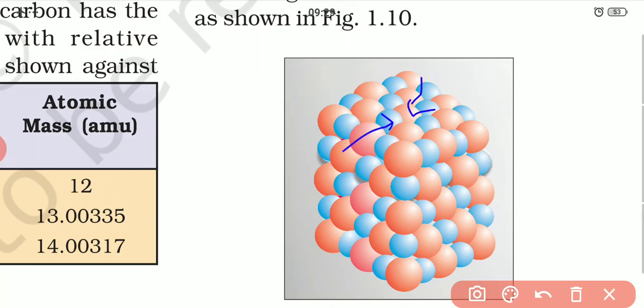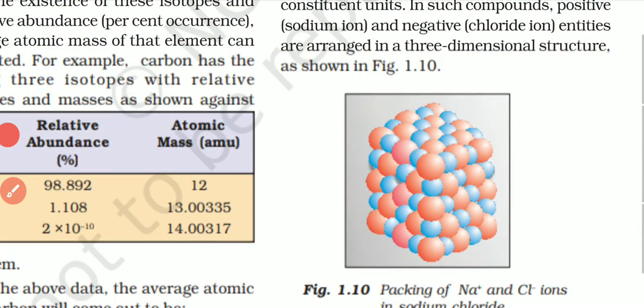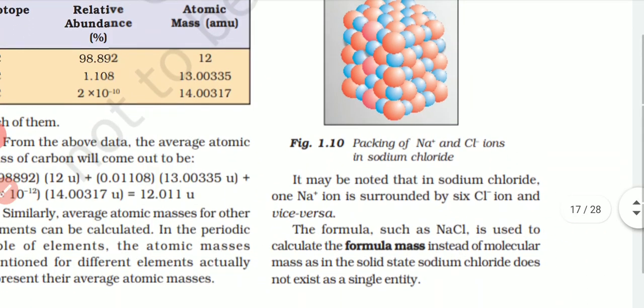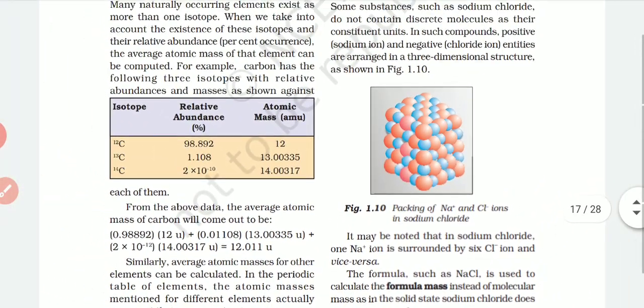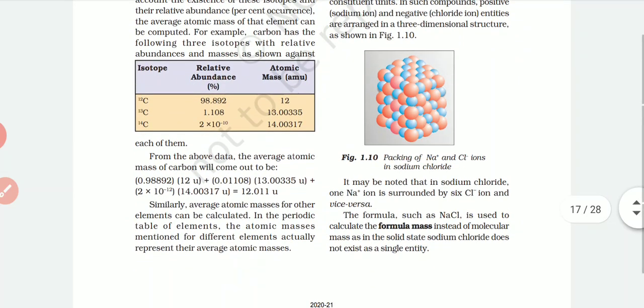See the blue ones, 1, 2, 3 and 4, and 1 and 2 are up, one above and one below. So there are a total of 6 atoms surrounding it. So for that type of solid, molecular mass is impossible to count. For that we use formula mass instead of molecular mass.